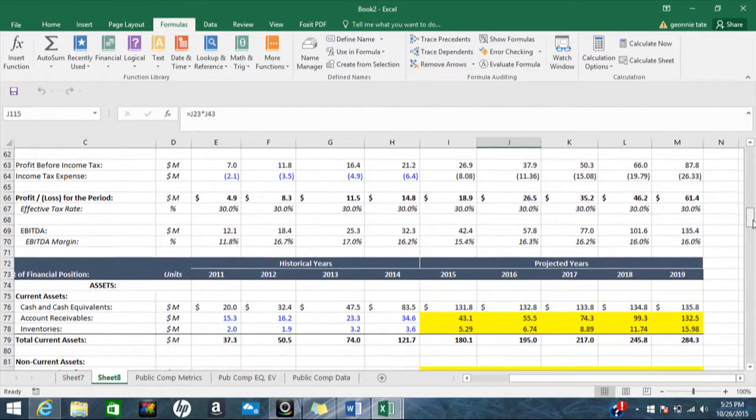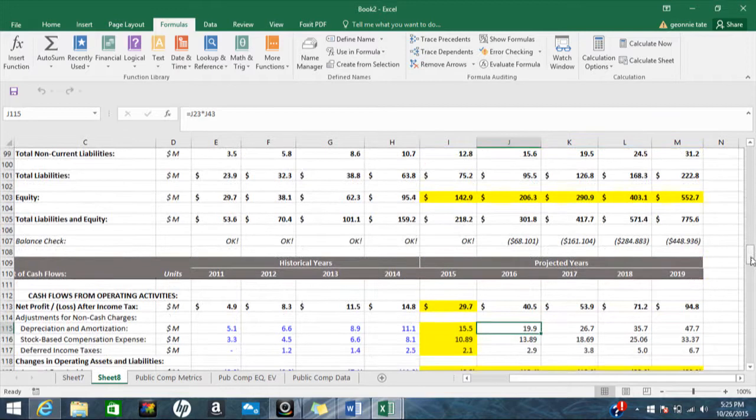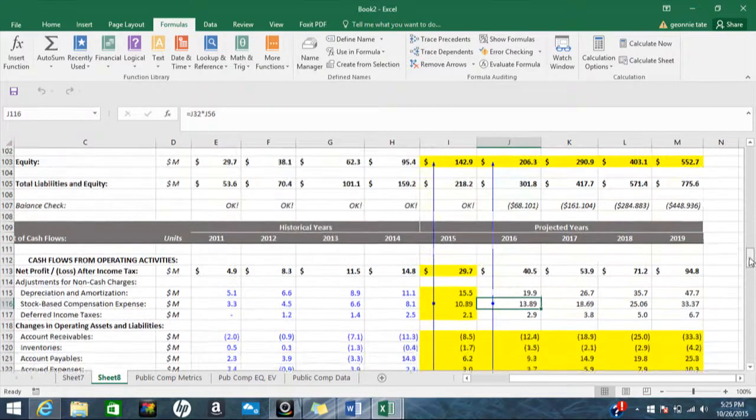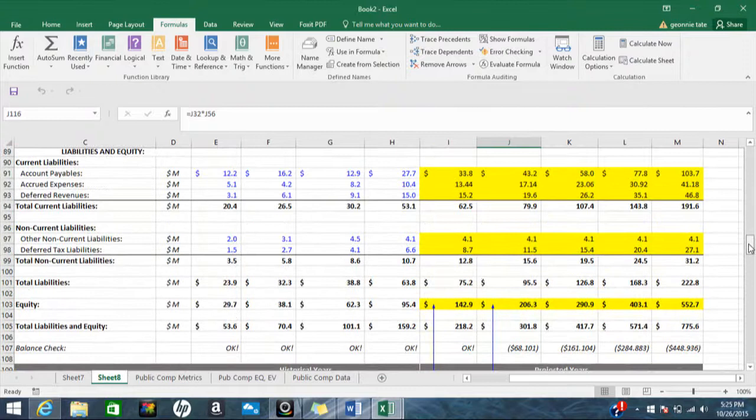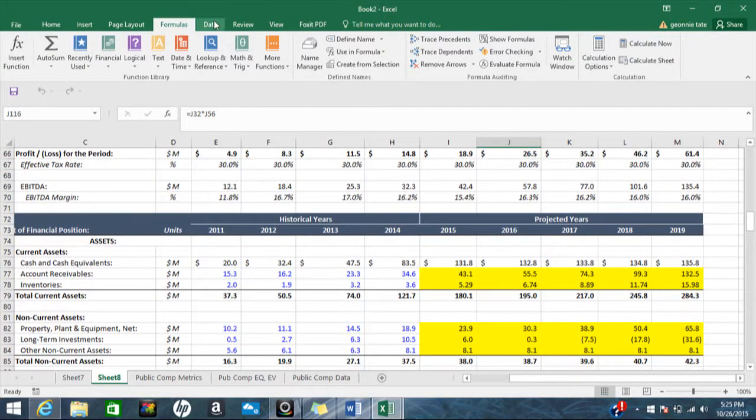Now I'm going to check stock-based compensation. Do the same thing. Looks cool. Move everything.